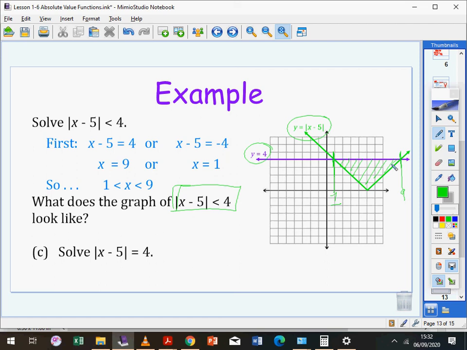If they ask me to solve |x minus 5| equals 4, from this graph I can just see that the answers are 1 and 9.